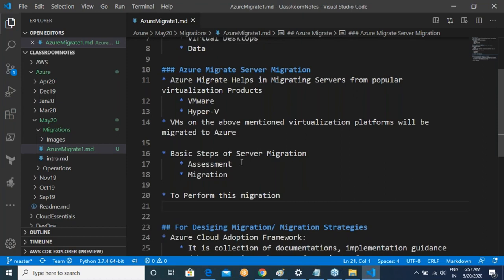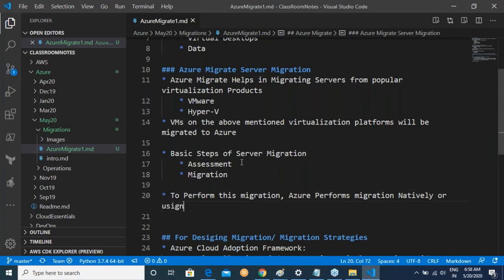Azure performs migration natively, meaning using their own tools, or using ISVs.